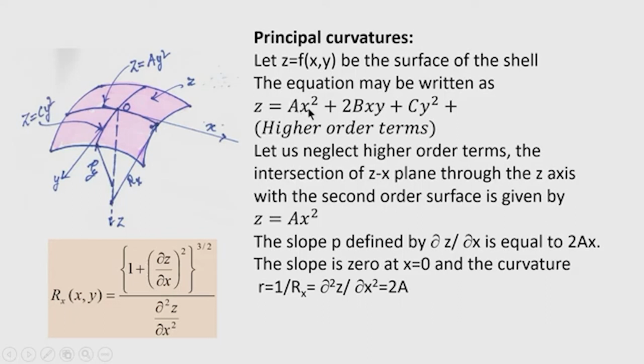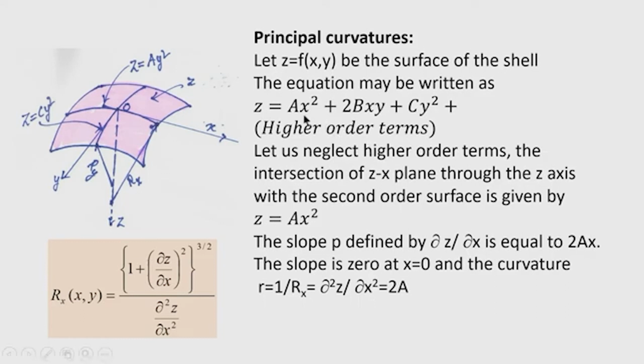Say first I am writing a quadratic polynomial, a x square plus 2 b x y plus c y square. Then I can also add higher order terms to that. So, z is represented here with the help of a polynomial. Now, let us neglect for simplicity the higher order terms and then proceed to calculate the principal curvatures.